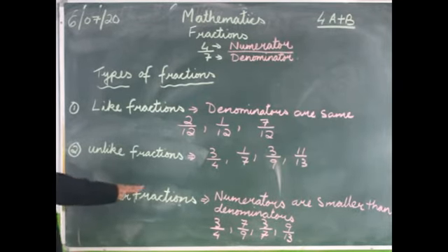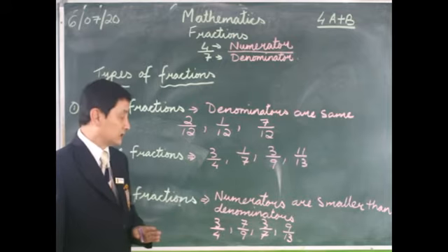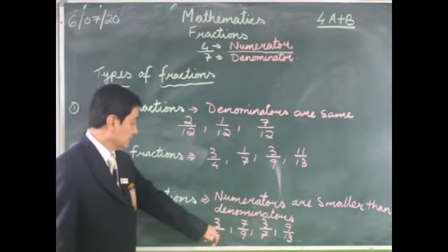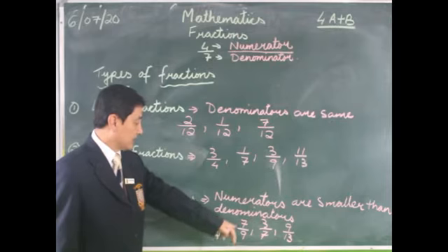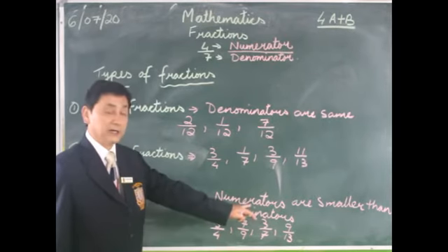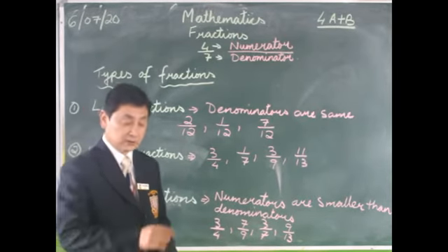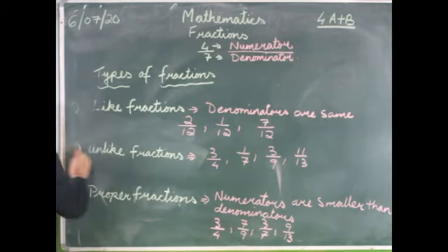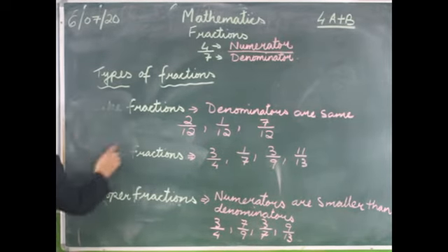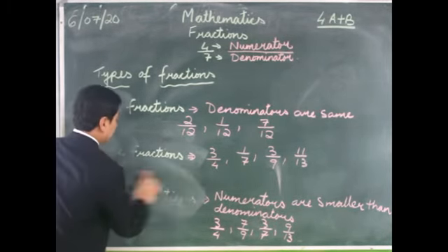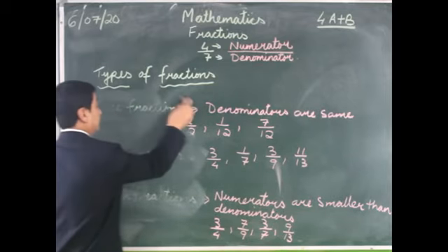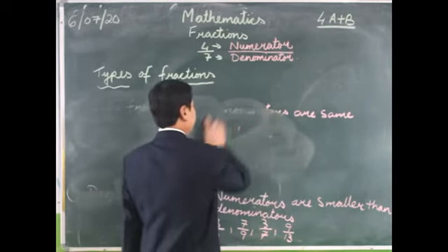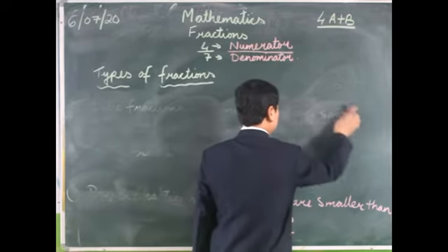So proper fraction, improper fraction. In proper fractions, the numerators are smaller than the denominators. 3 upon 4, 7 upon 9, 3 upon 7, 9 upon 13. So there's another type of fraction which is known as improper. Now, proper has numerators which are smaller than the denominators.